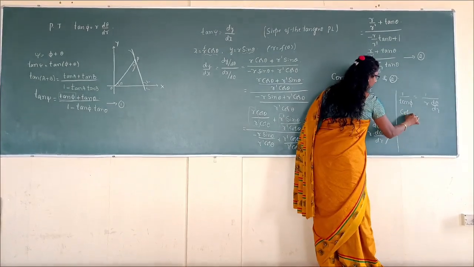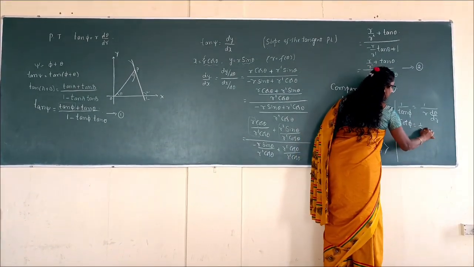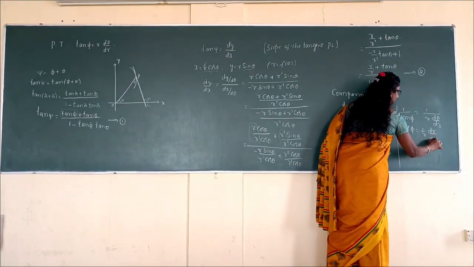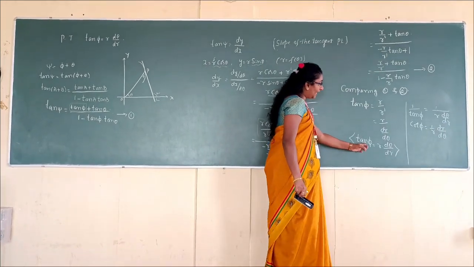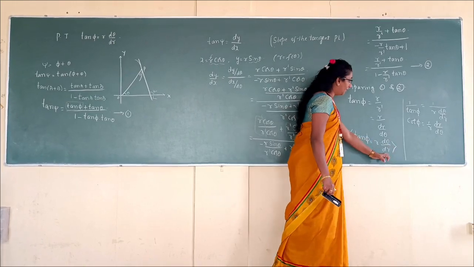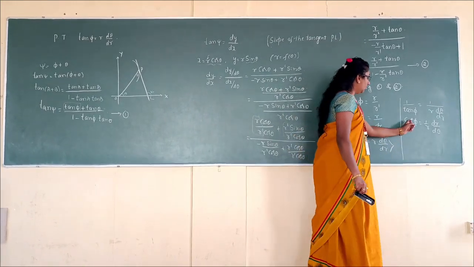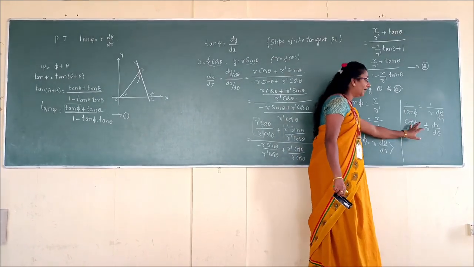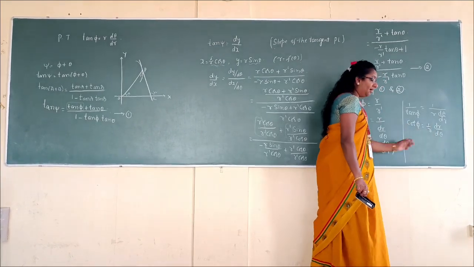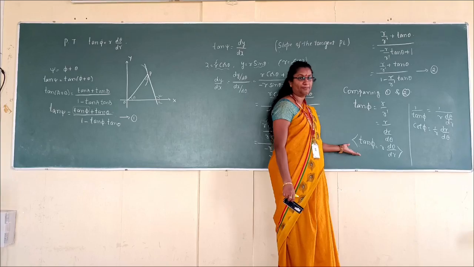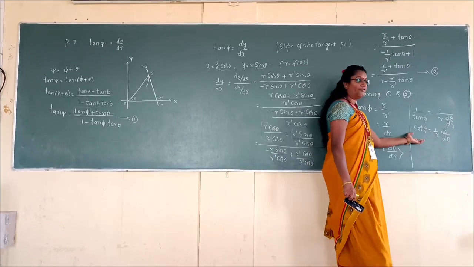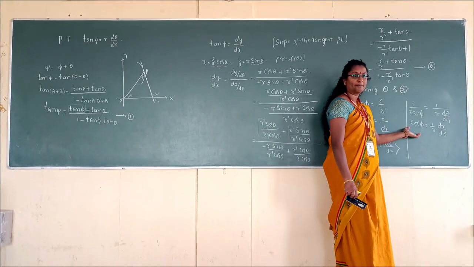Cot phi equal to 1 by r into dr by d theta. Suppose they ask for cot phi equal to 1 by r dr by d theta instead of tan phi equal to r into d theta by dr, then at the last step you have to take the reciprocal to get cot phi equal to 1 by r dr by d theta.